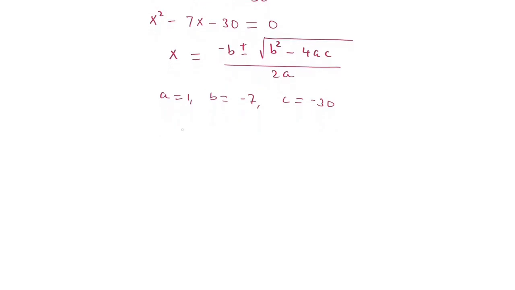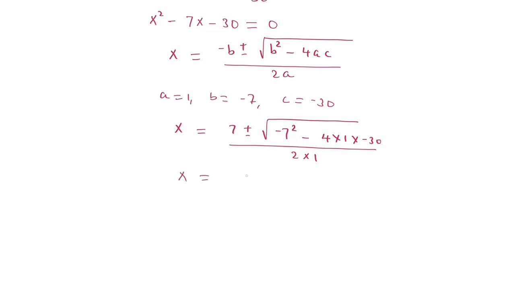Then our equation is going to be x equals 7 plus or minus under root negative 7 squared minus 4 times 1 times negative 30 over 2 times 1. Solving this, our equation is going to be x equals 7 plus or minus 13 over 2.